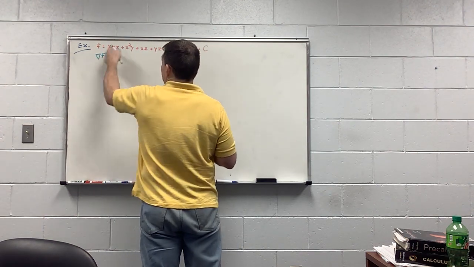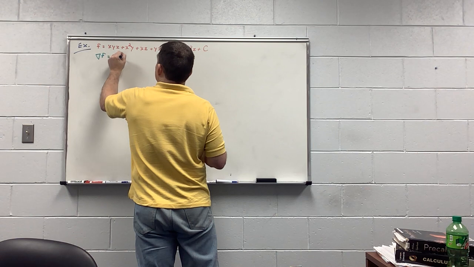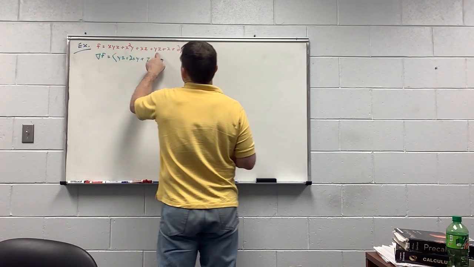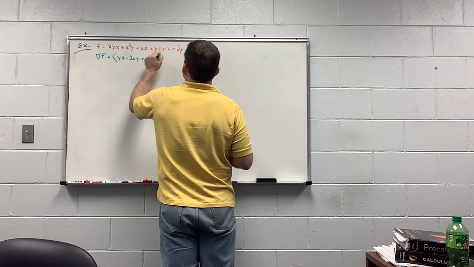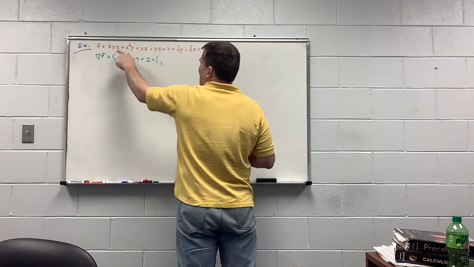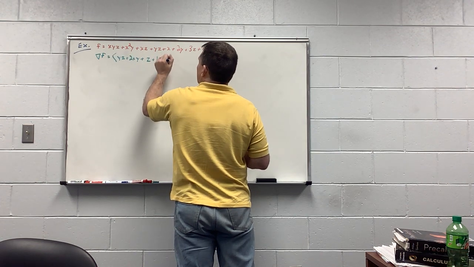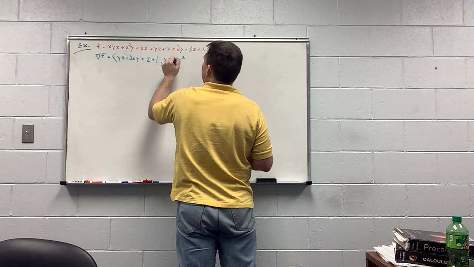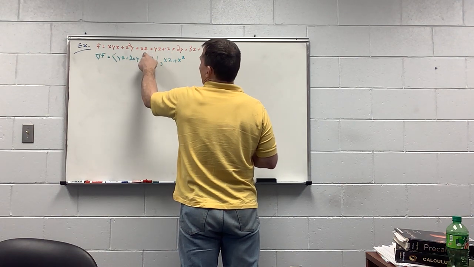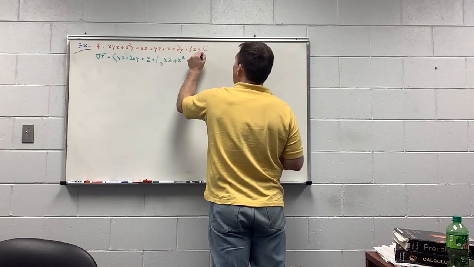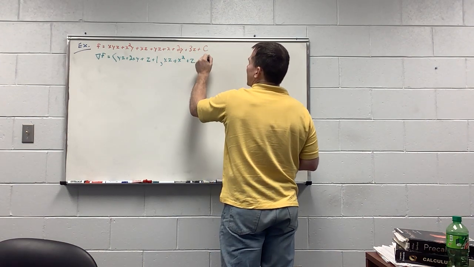Gradient of f, partials with respect to x, so that's yz plus 2xy plus z, no x, that's a 1. No x, that's a constant, so there's the x. Then the partial with respect to y, which will be xz plus x squared, partial with respect to y, no y, plus a z, no y, plus a 2, constant again.